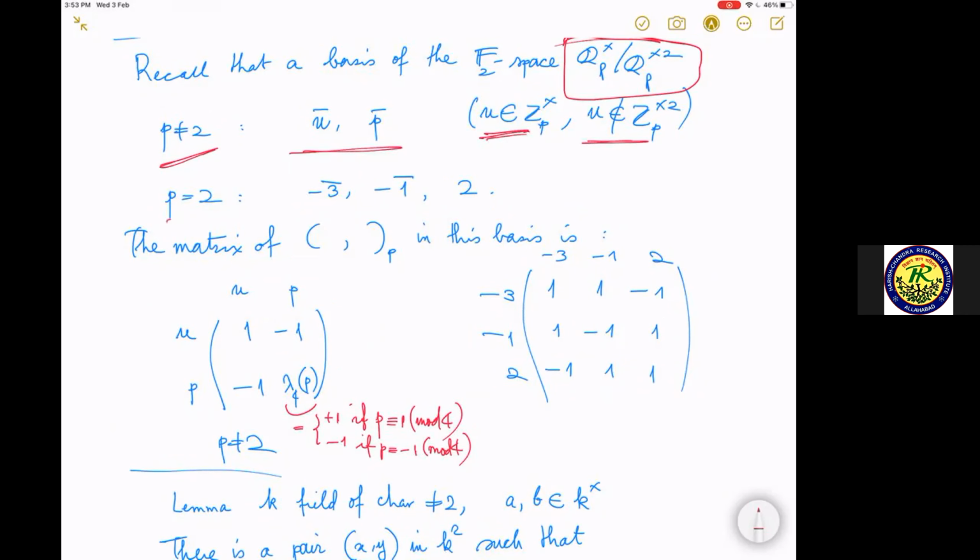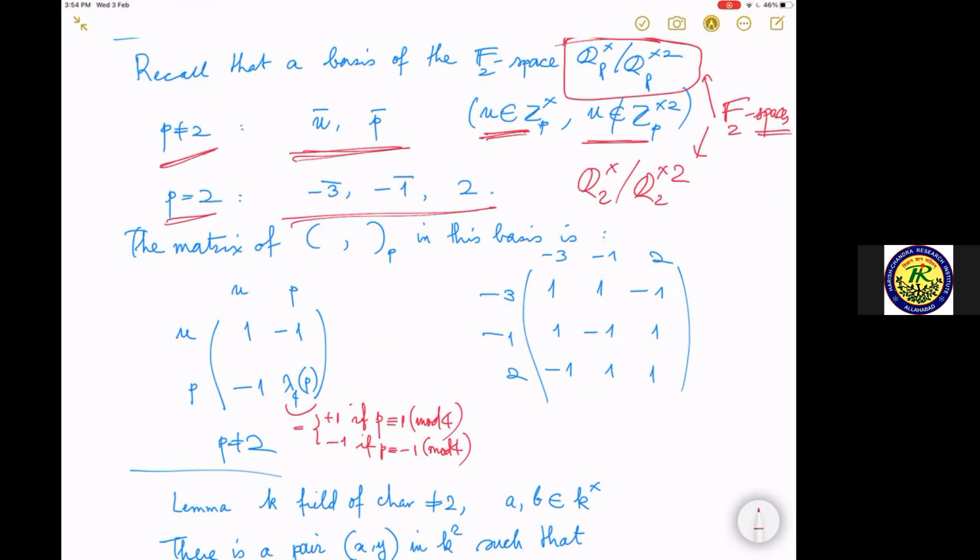And when p is 2, Q_2 star modulo squares has a basis. Basis in what sense? These are vector spaces over the field F_2. So as a vector space, they have a basis.